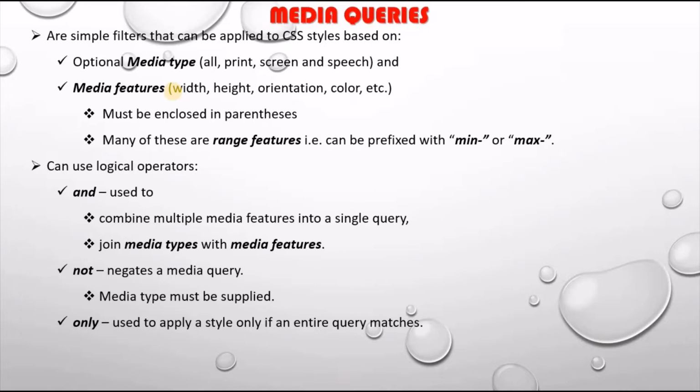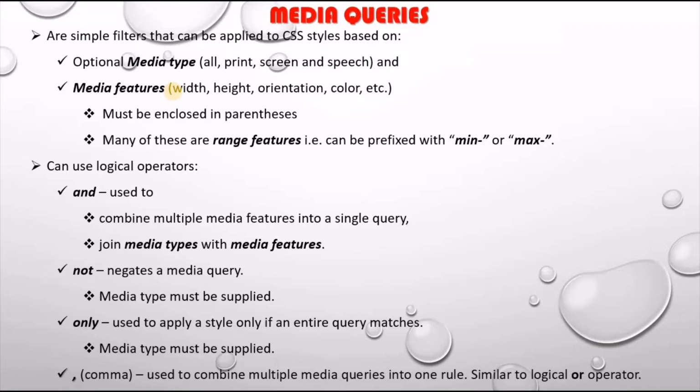And this is intended for older browsers and has no effect on modern browsers. Like I mentioned, when you use this one also, the media type must be supplied. Then the comma is similar to the or operator that we use in other programming languages, but here we use a comma instead. And the query evaluates to true if any of the media queries evaluates to true.